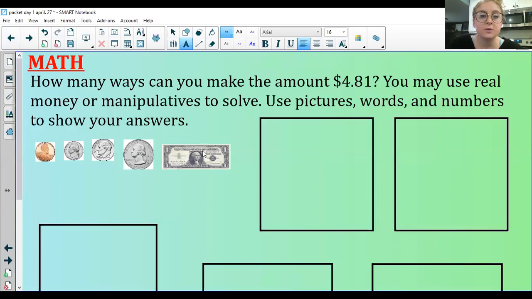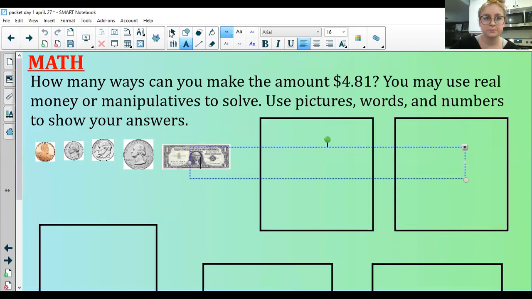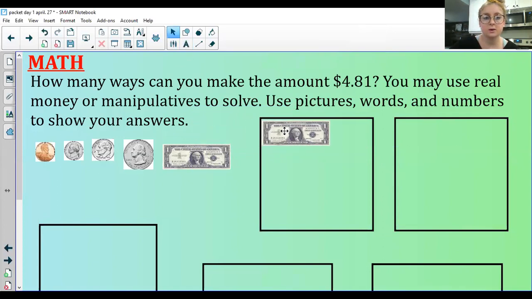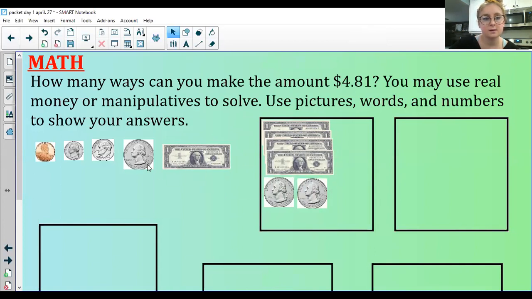Okay, so I want to make $4.81. Here's a couple ways I could do it. I could do 4 $1 bills: 1, 2, 3, 4. I could do 3 quarters. Remember when we count quarters, it's 25, 50, 75. So I'm at $4.75.